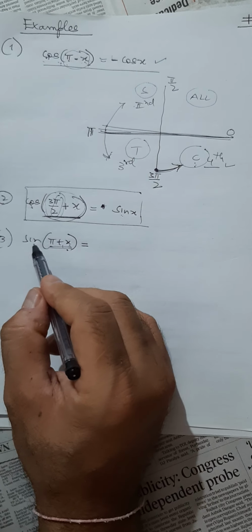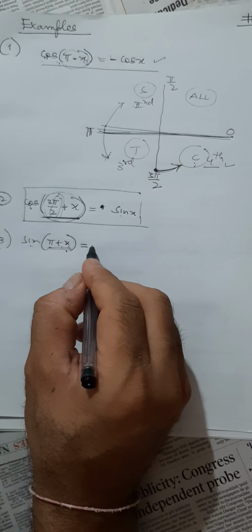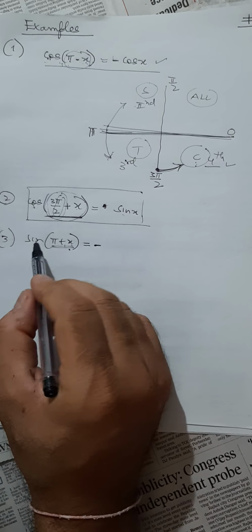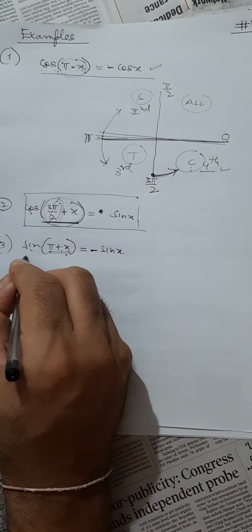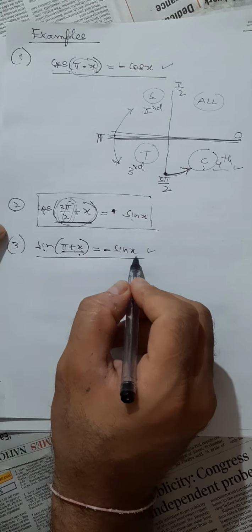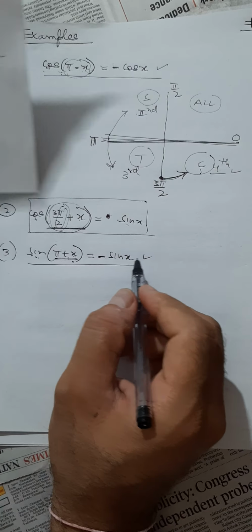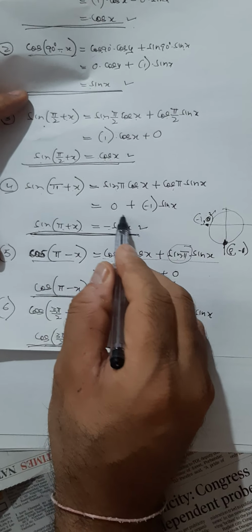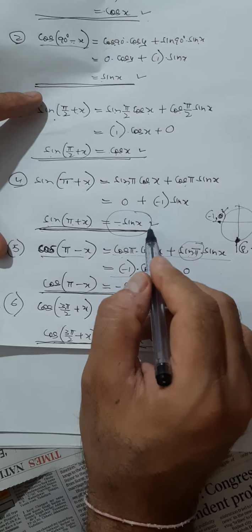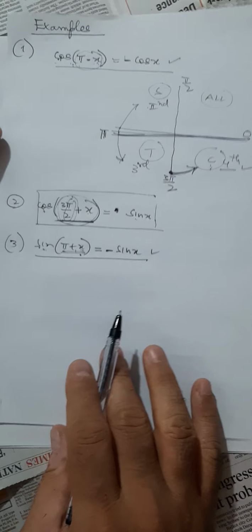In the third quadrant, what about the sign of the given function? Negative, so we put a minus sign. And here you have pi, so the function remains the same, so minus sin x. This is your answer. You are going to write this angle x. That's what we did here with the formula. You see here, sin(pi plus x) is minus sin x. With the addition formula, here we wrote it directly.